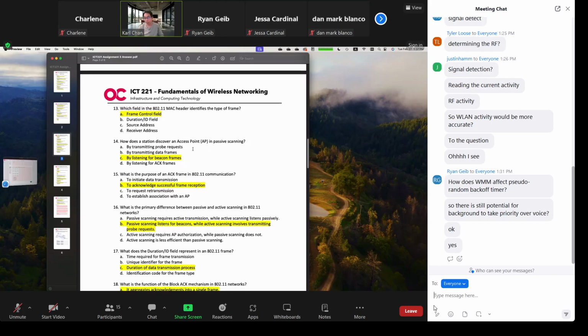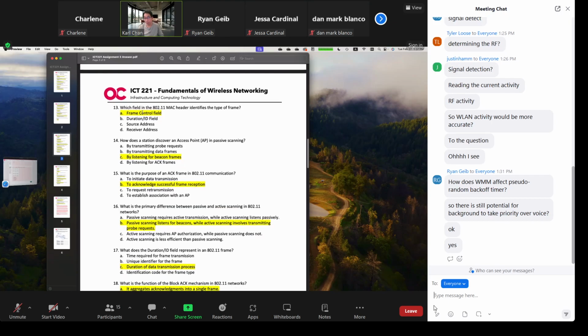And let me go through any difficult questions. This is very intuitive, right? The MAC header field that identifies the frame type is the frame control field. Okay, we have this here.